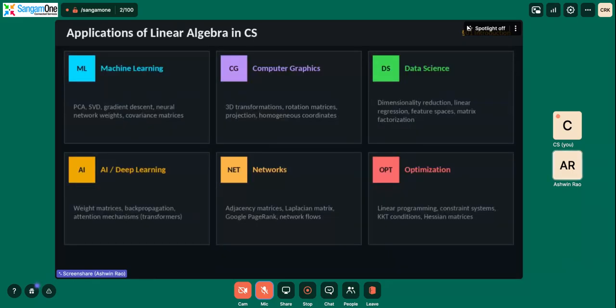So the applications of linear algebra involve machine learning, computer graphics, data science, deep learning, networks, and optimization. Machine learning uses PCA, SVD, gradient descent, neural network weights, and covariance matrices. Computer graphics include 3D transformation, rotation matrices, projection, and homogeneous coordinates. Data science involves dimensionality reduction, linear regression, feature spaces, and matrix factorization.